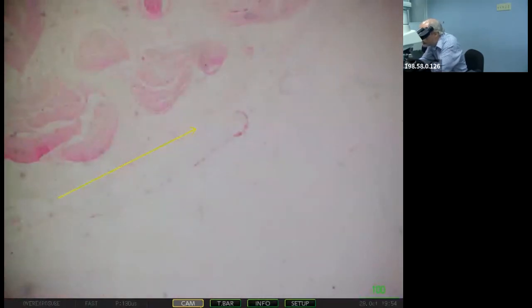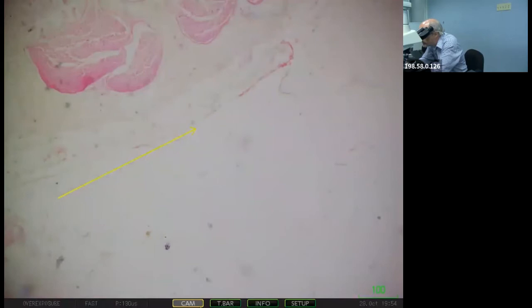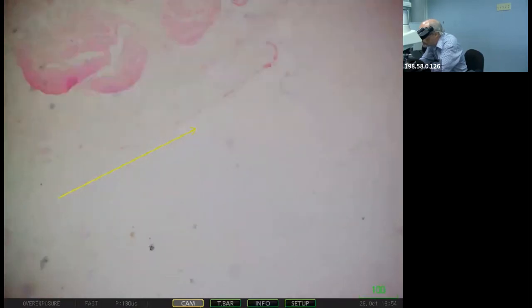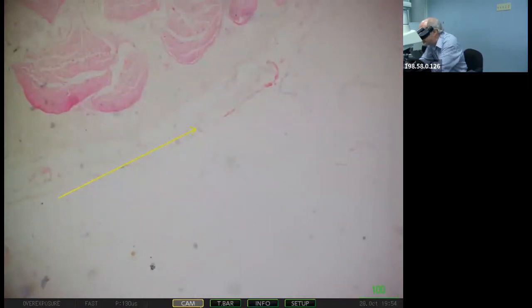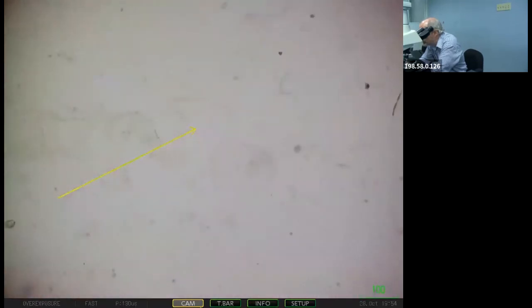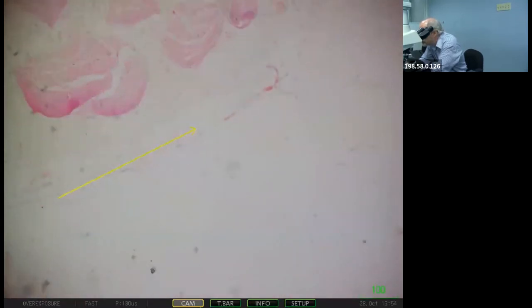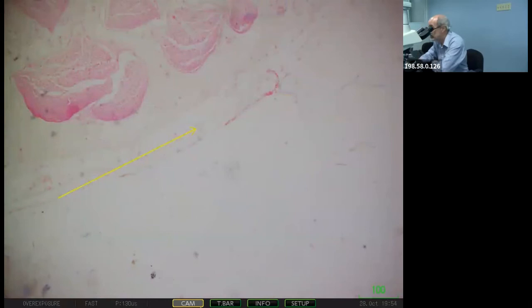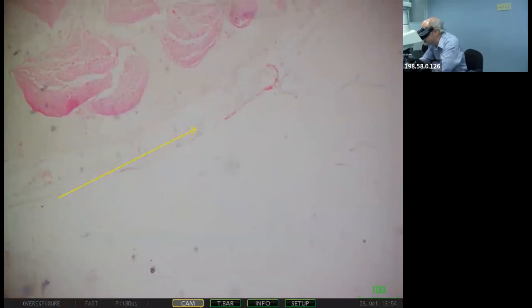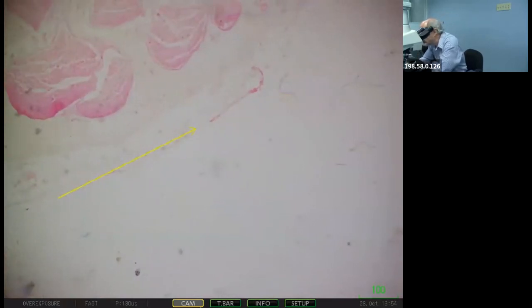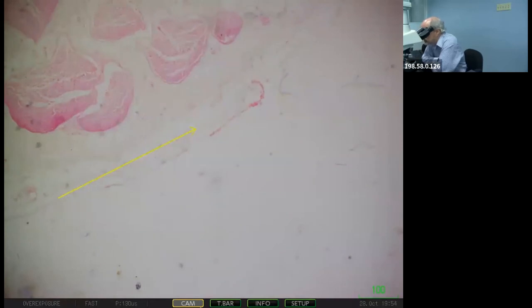Remember, what is the name of the connective tissue layer which is at the periphery of the nerve? So it is a whole nerve. What is the name of the most external connective tissue layer around your nerve?